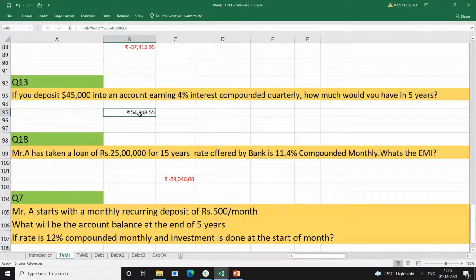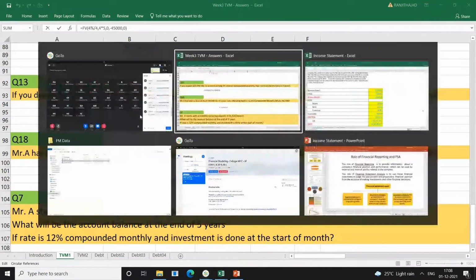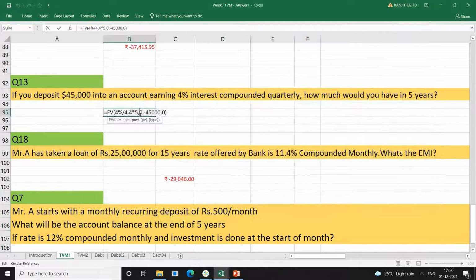Quarterly in the sense, future value of 4. This one. Same question.